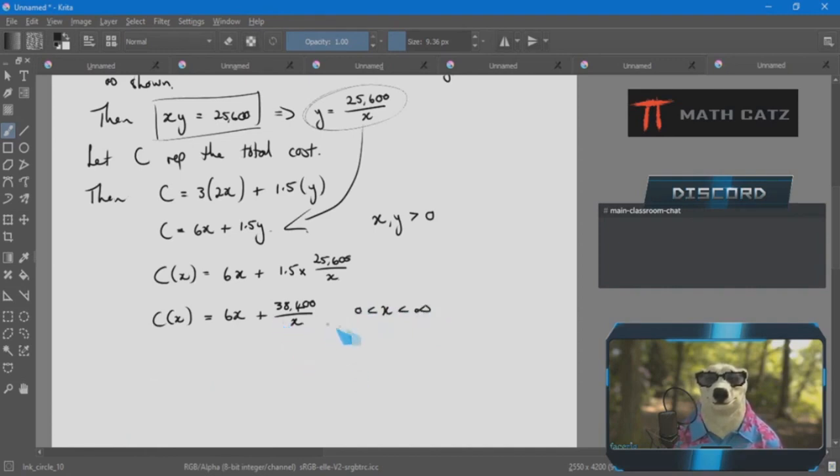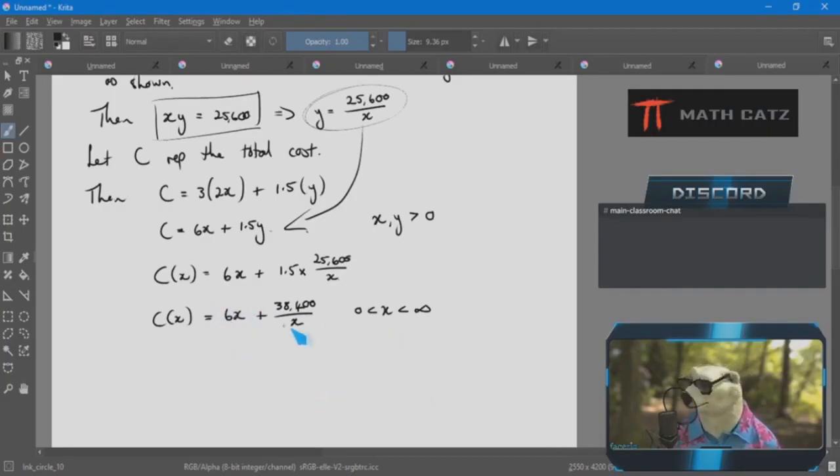In both of those cases, an x very small will make the second term, the y value, blow up, and then the cost will blow up as well. An x very big will make the cost on that piece of the fence blow up, and the cost will increase dramatically as well.